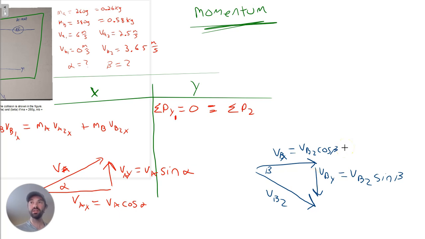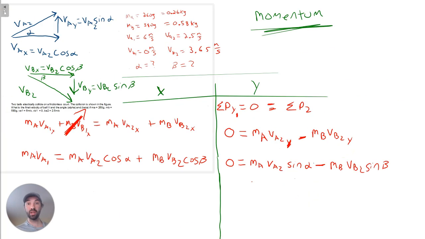All right, I'm going to erase these. I'm going to go back. We're going to solve. Okay, again, the momentum beforehand in the x direction equals the momentum afterwards in the x direction, broken down into the momentum of A and the momentum of B. Beforehand, B was not moving. It has no momentum. It just goes away. Then what I did is I replaced the velocities in the x direction with the velocities that we know.